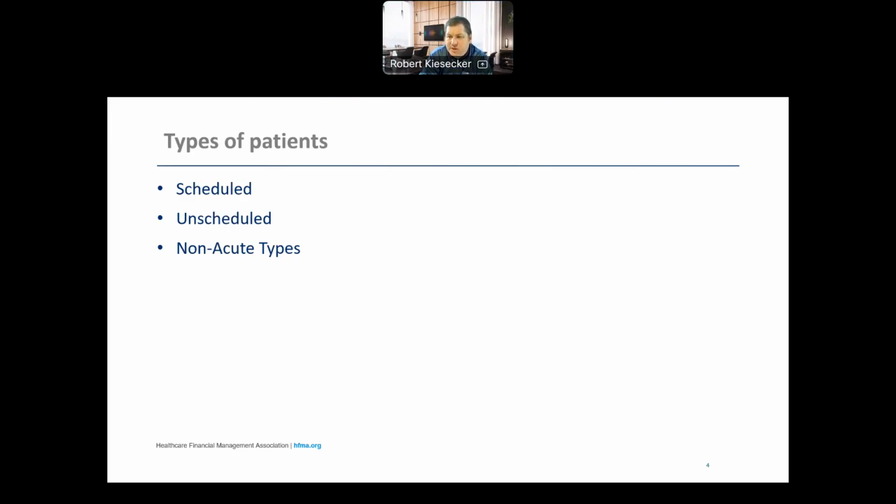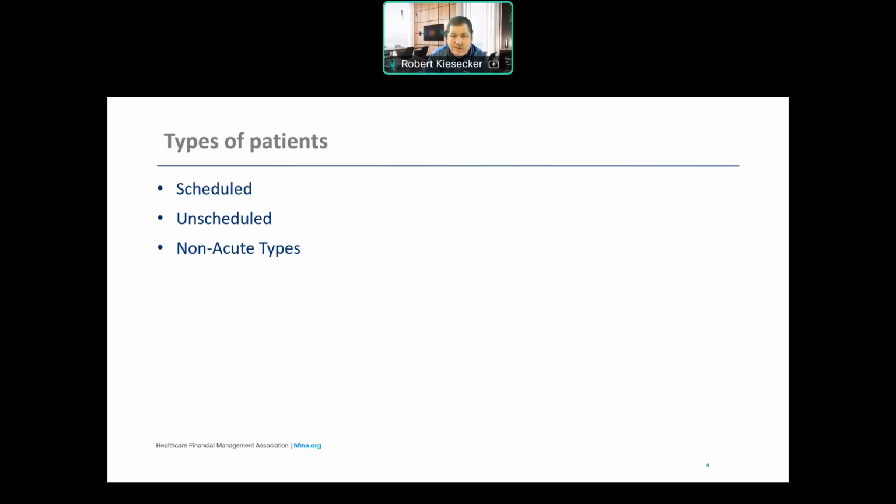A patient's first contact with an acute healthcare facility can either be scheduled or unscheduled, depending on whether or not immediate care is needed or if the service can be scheduled for a future date or time. If you have somebody that's scheduled, they've likely called ahead. We have a general idea of what we're seeing. We understand the resources that we need.